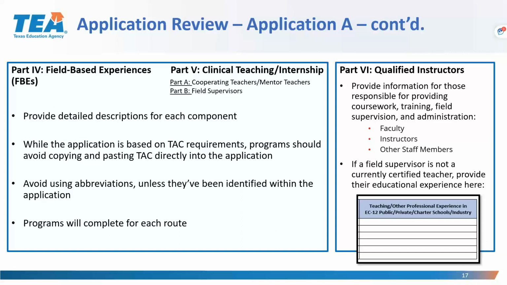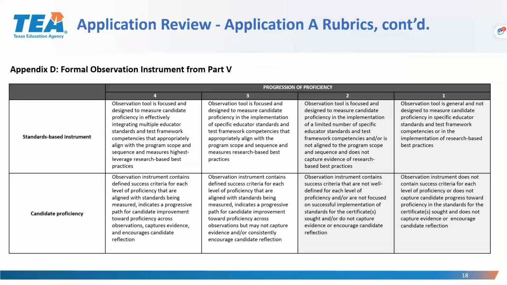Let's now take a look at the rubrics used to evaluate the rest of Application A. This rubric will be used to evaluate the formal observation instrument that is submitted as part of Appendix D. Let's take a moment to look it over.